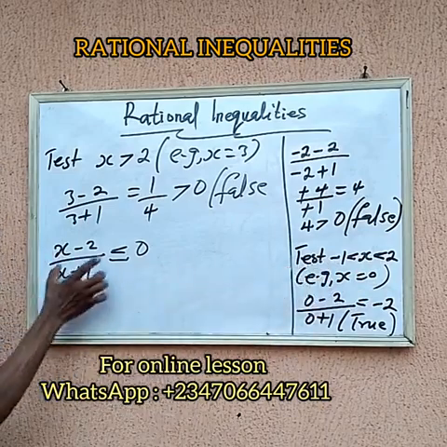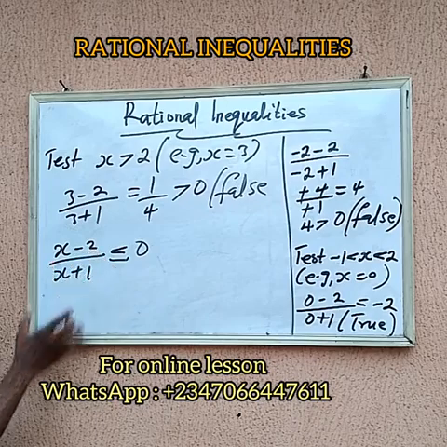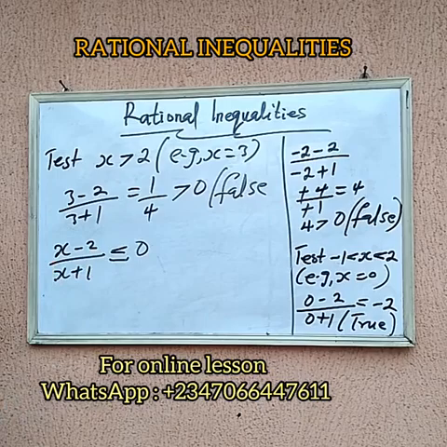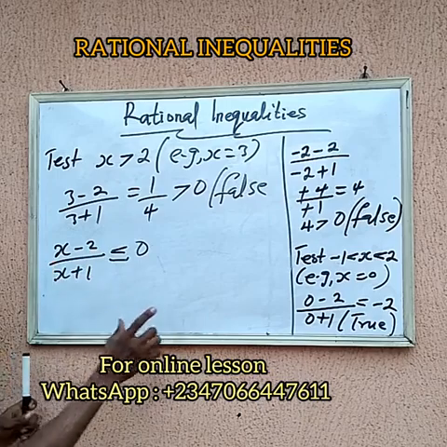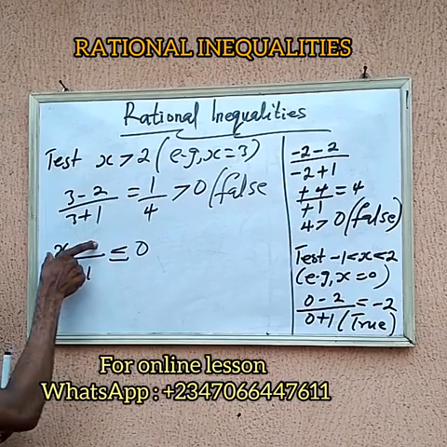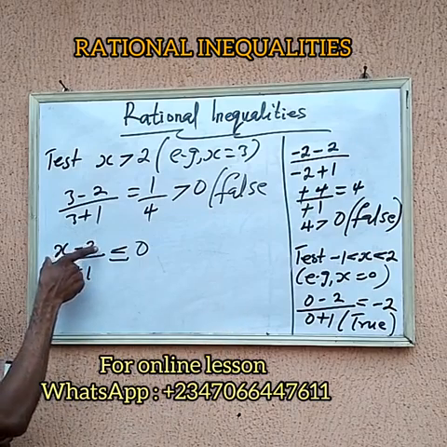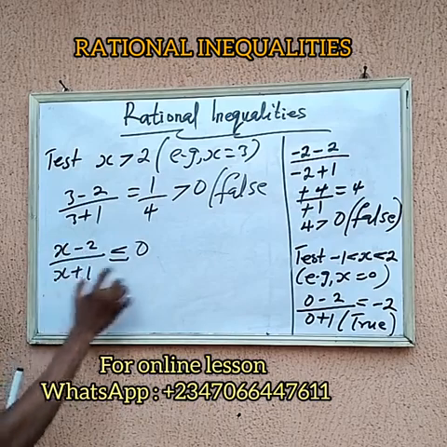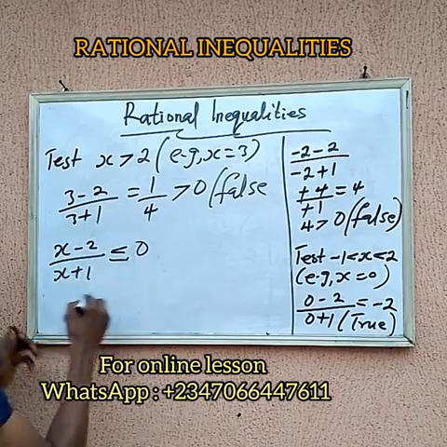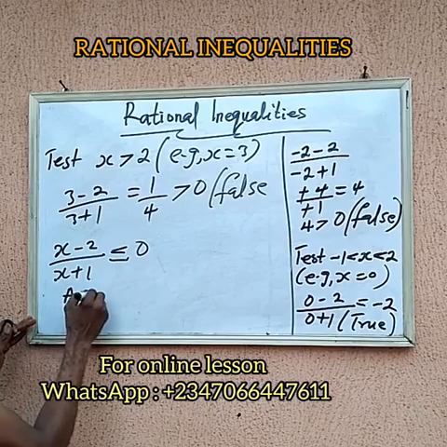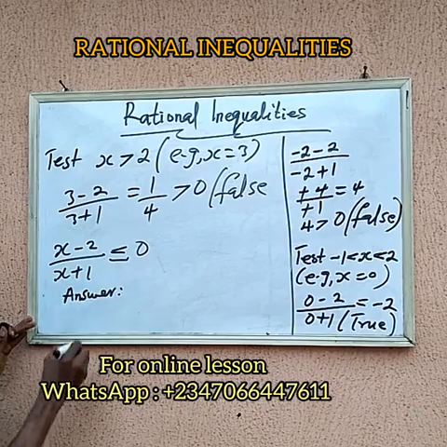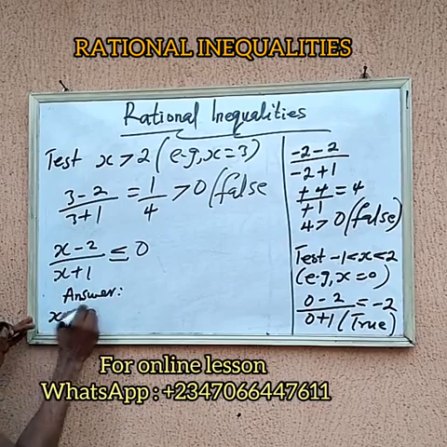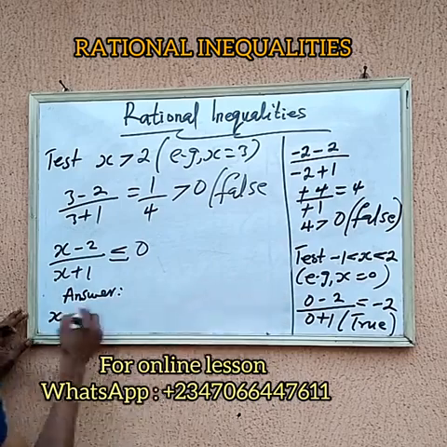Now, if you plug x equal to 2 into that numerator, it will give you exactly 0. Since it gives us exactly 0, it means x equal to 2 is included there for that numerator. So what we are going to write now, your answer is going to be x is greater than, what is the value there?